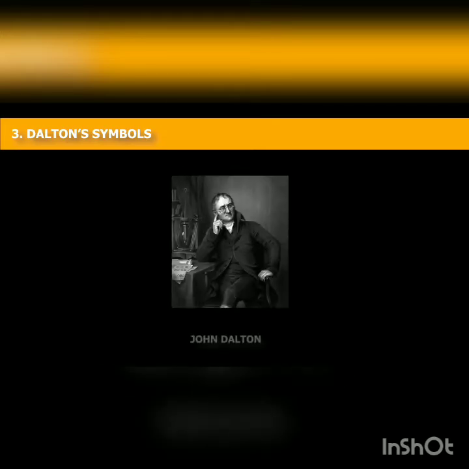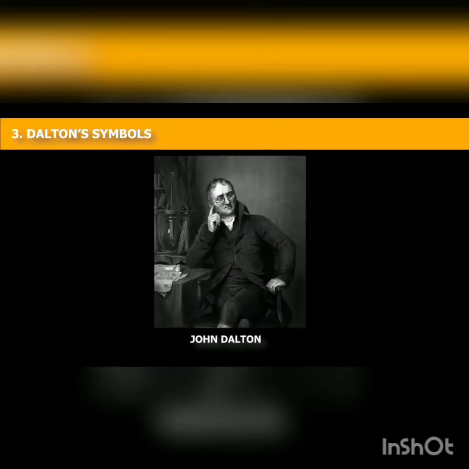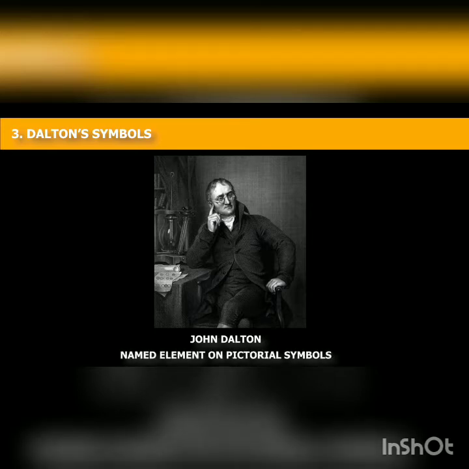3. Dalton's symbols. With the progress in science, scientists started discovering new types of elements. In 1808, John Dalton, an English scientist, tried to name the various elements based on pictorial symbols.